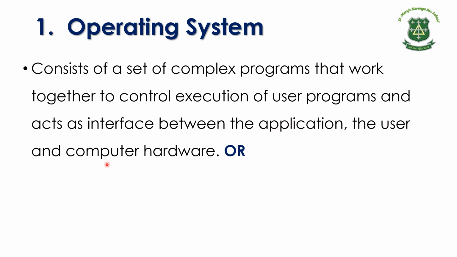But what else am I using? I'm using the computer hardware like the mouse, the keyboard, and many other things. So the operating system is there to connect me as a user, the application and the hardware so that these three are working together without any problem.